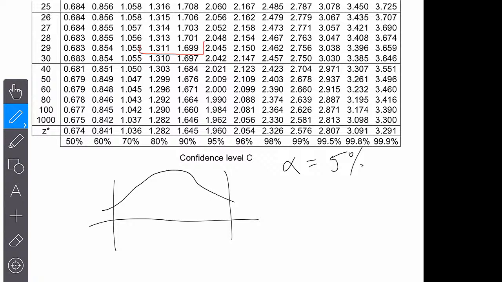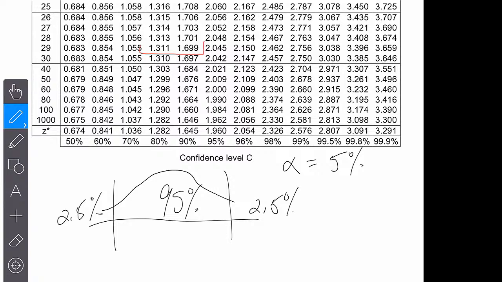You're allowing for 5% in the tails, so that's 2.5% on each side, or in other words, 95% confidence in the middle.